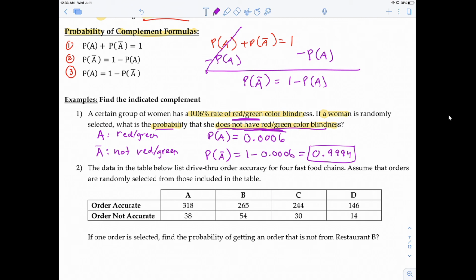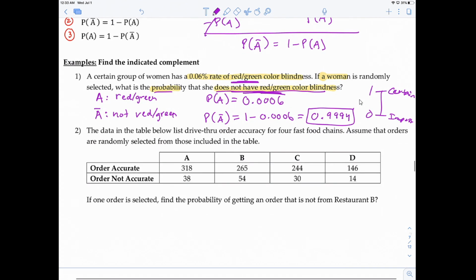Remember, probability ranges from 0 to 1, where 1 is for certain and 0 is impossible. So anything close to 0 is very unlikely, and anything close to 1 is very likely to occur. So it is very likely that the one woman you choose does not have it, because this is such a rare disease.